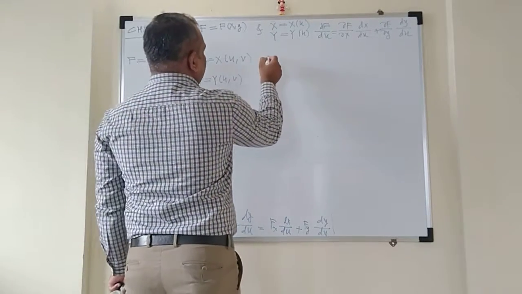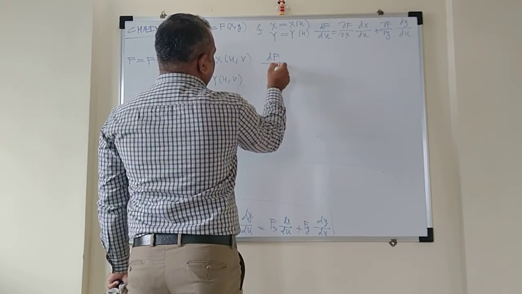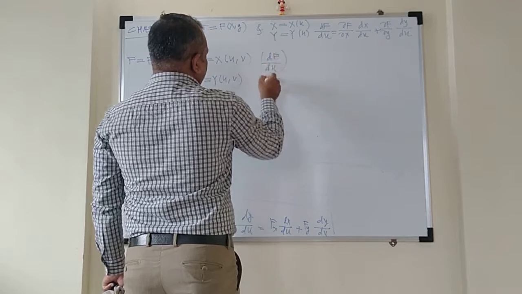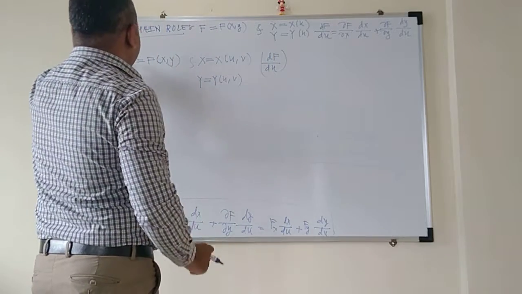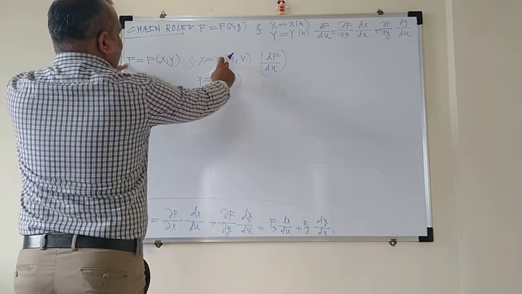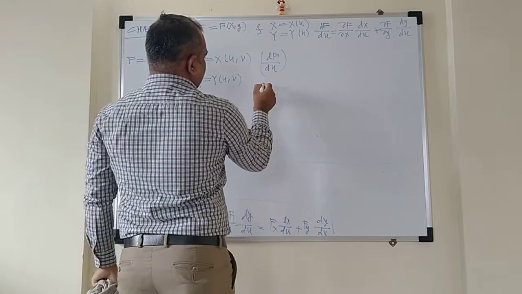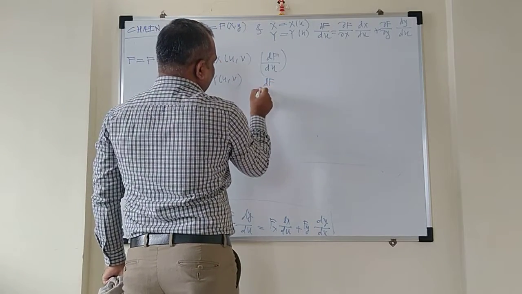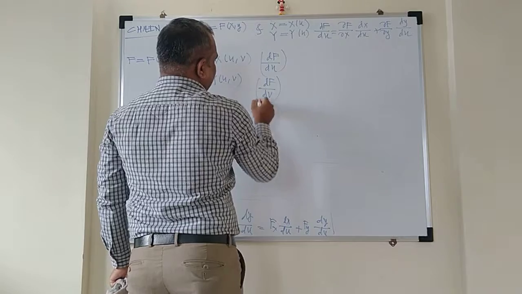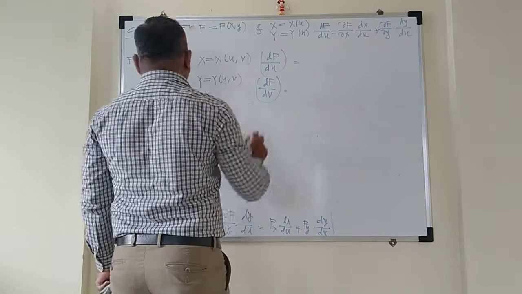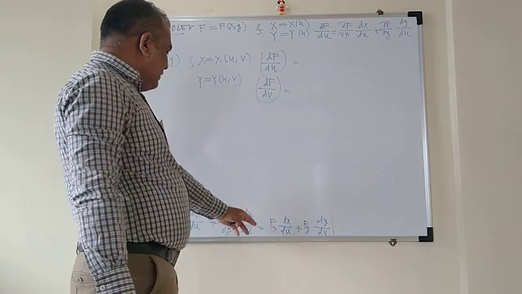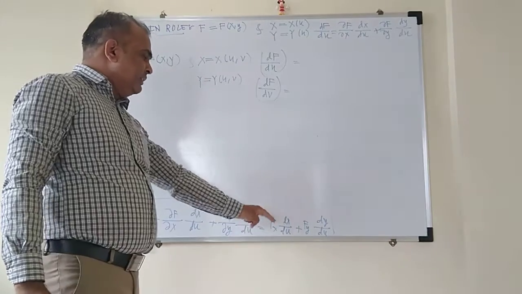So first is for df by du, because you should differentiate the original function with respect to u as well as with respect to v, and the second is df by dv. Now these formulas can be written by taking the reference of this derivation.